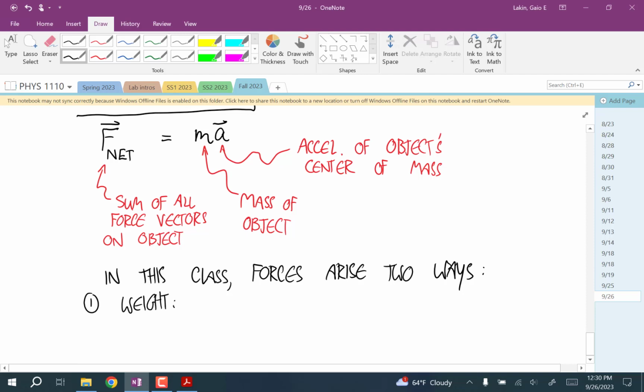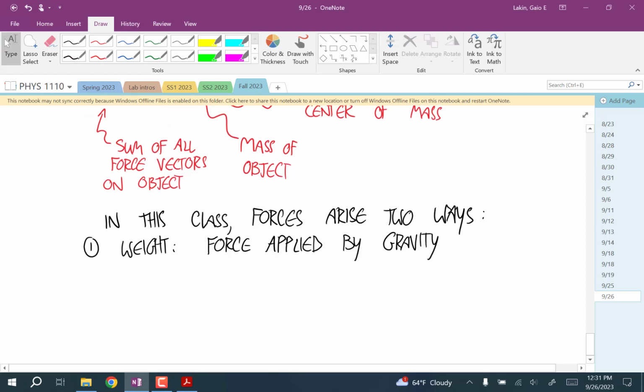The definition of weight is the force applied to an object by gravity. And the only other way that forces can come about is contact forces. Contact forces are forces that are applied by something touching the boundary of the object.